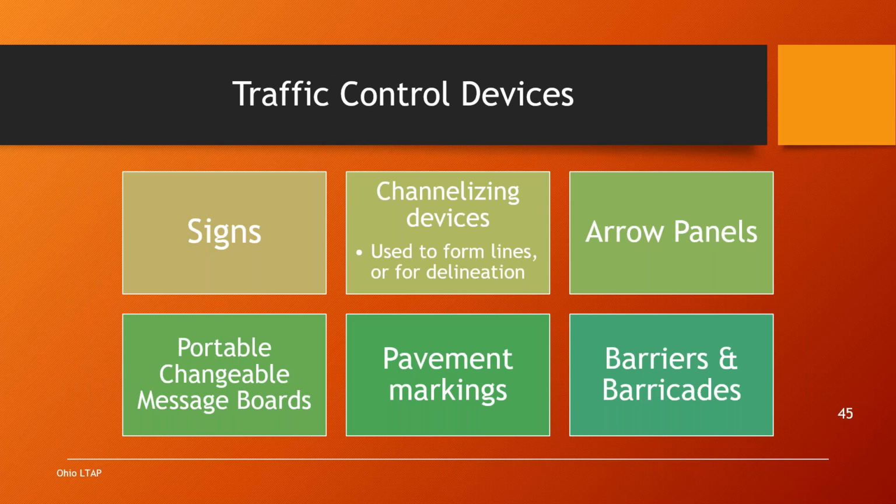When I talk about traffic control devices, I'm talking about a whole list of devices. There's signs, there's channelizing devices like our cones and drums. There's arrow panels, portable changeable message boards, pavement markings, barriers and barricades. So all of these have their own section in part 6 of the manual to talk about.